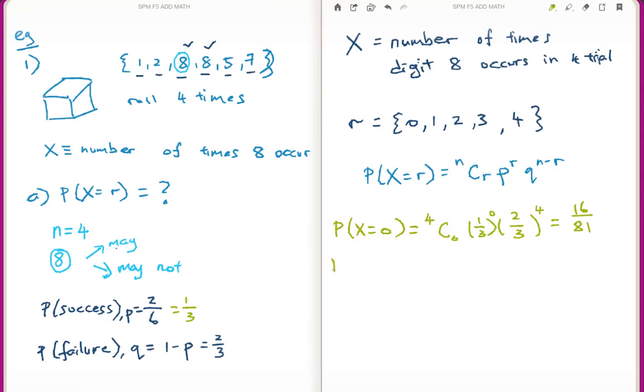Then you work out the second possibility. Out of 4 times, you get digit 8 once. That will be 4 choose 1, with 1 over 3 to the power 1 and 2 over 3 to the power 3. You need to do it really systematically. How can you do it systematically?